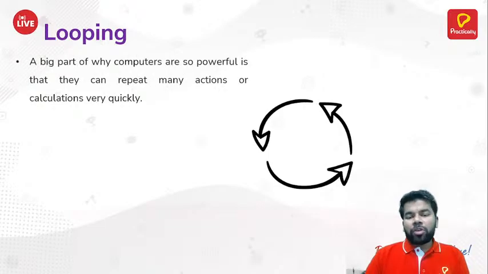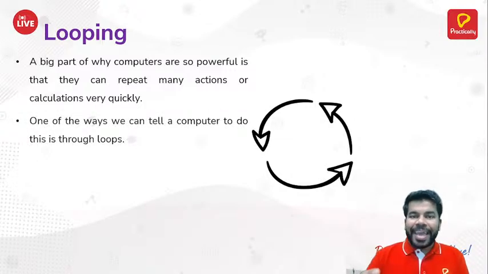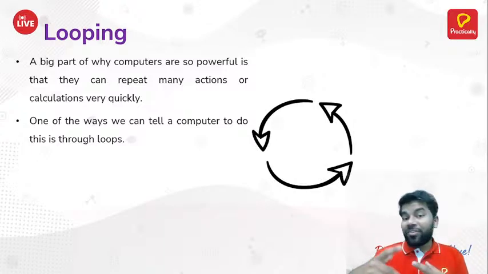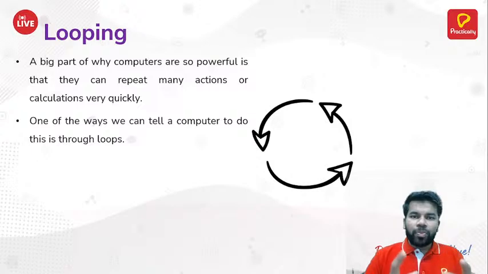So why are computers so powerful? Looping is one of the reasons. Looping is a very powerful technique, a very powerful concept. With the help of looping, a computer can execute work repeatedly. Computer is never tired. With the help of a loop, the computer will execute a task again and again.